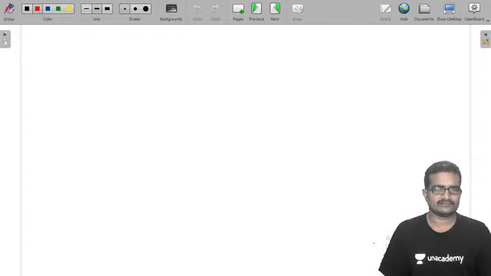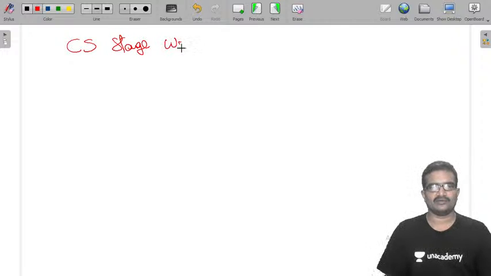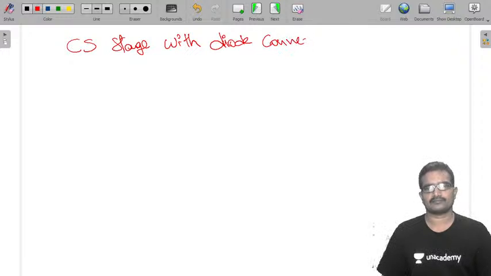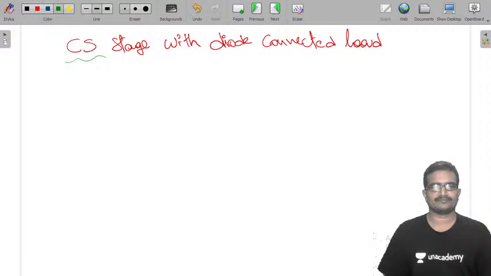Next one is the common source stage with the diode connected load.